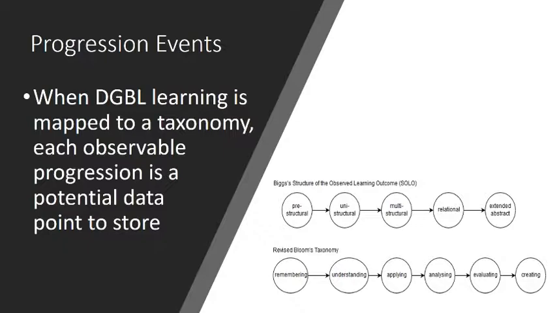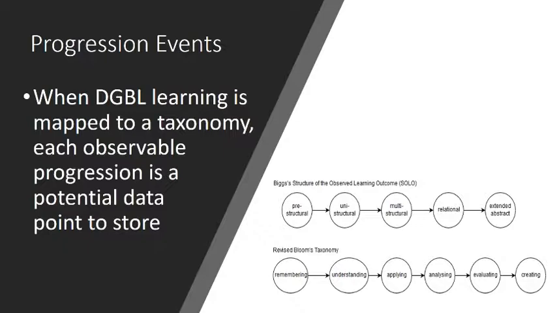So taking, for example, Biggs's SOLO taxonomy, players will move from a pre-structural to a unistructural to a multistructural to a relational to an extended abstract level of understanding. And a game engine can be coded to trigger events when the player moves from, let's say, a unistructural level of understanding to a multistructural level of understanding.